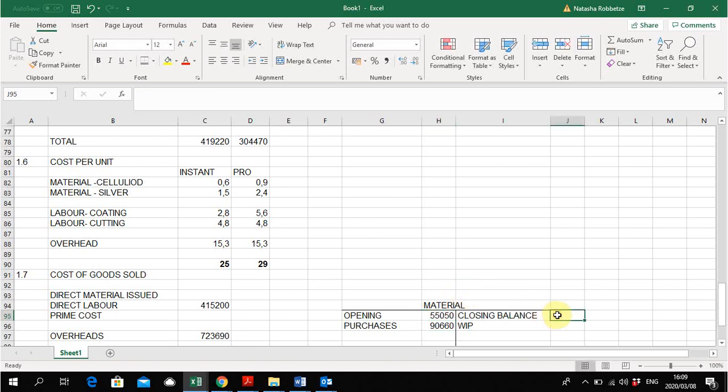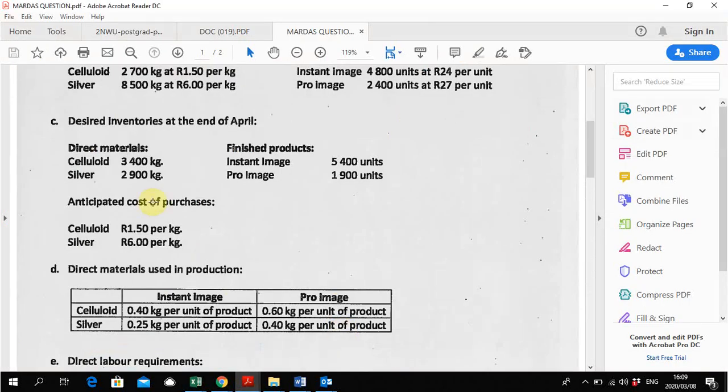And then we have a closing balance. So the closing balance was also given to us. If I look at the closing information, they've told us what the closing balance for the materials will be, 3,400 and 2,900. And again, the anticipated cost was R1.50 and R6 respectively.